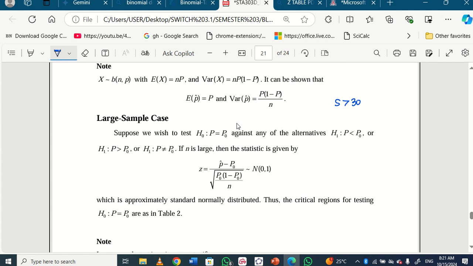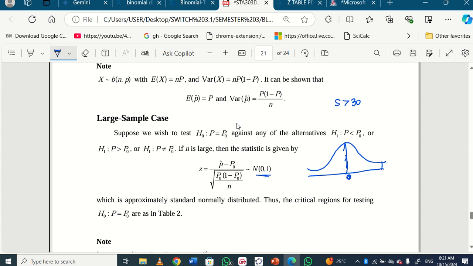Whenever you see N into bracket 0, 1, it shouldn't confuse you. It is only telling you that we are dealing with a normal distribution, where the 0 stands for the mean of the normal distribution. If you have a normal distribution, the mean is always 0, and the standard deviation is 1.